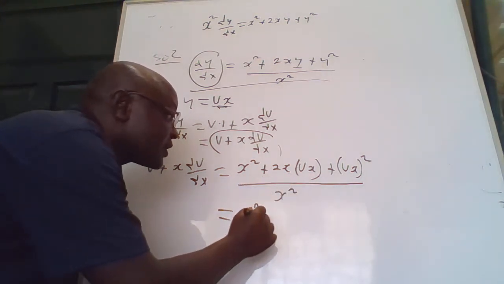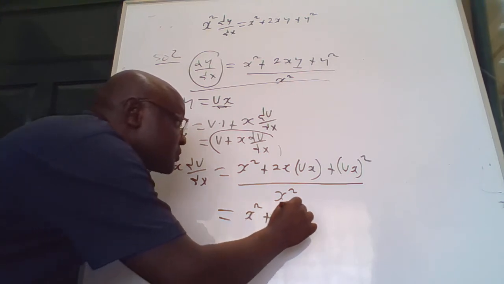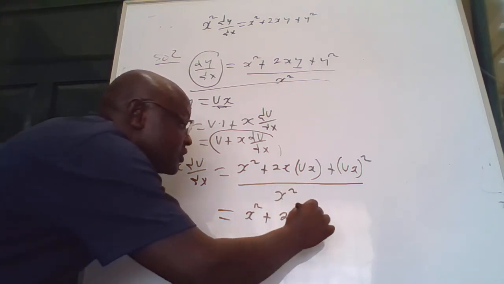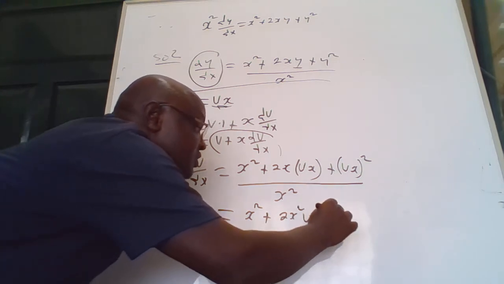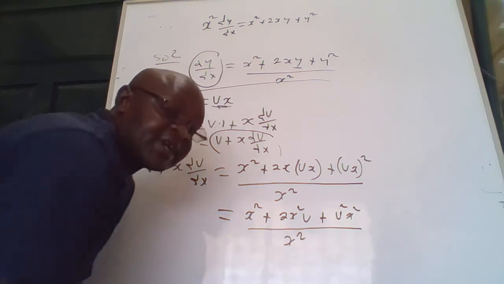We open up the bracket: x squared plus 2x squared v plus v squared x squared, over x squared.